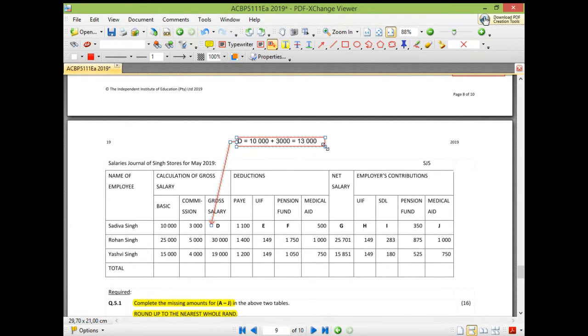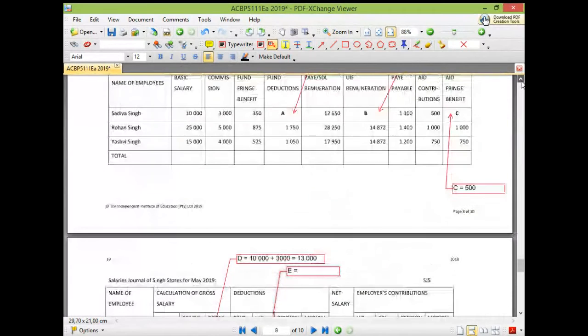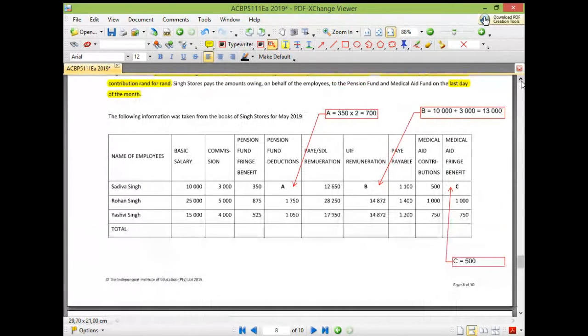Okay, UIF. What is the UIF amount for Savida? Okay, let's quickly go back. What did we say was the UIF remuneration on the previous table? So B on the previous table was 13,000. That's the UIF remuneration.